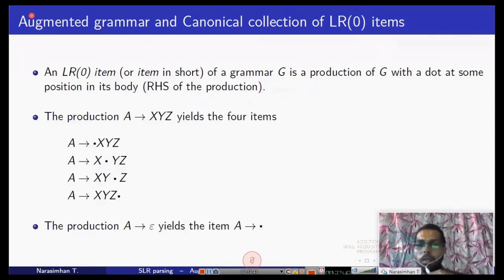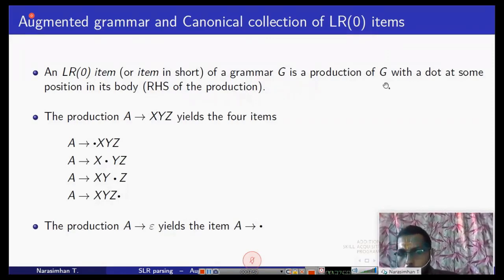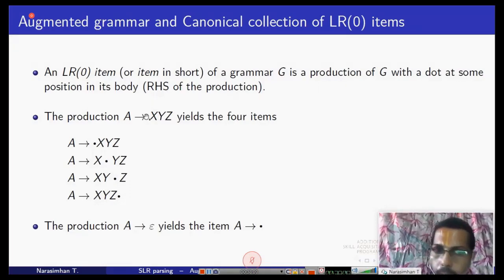So an LR0 item is nothing but a production with a dot at some position in the production body, the right hand side. Let me take an example. If you have a production like A gives XYZ, how many positions do you have here? Four positions, right?